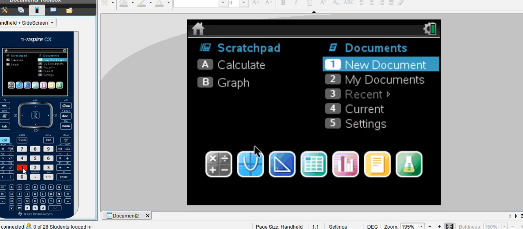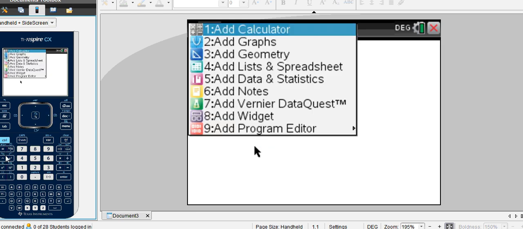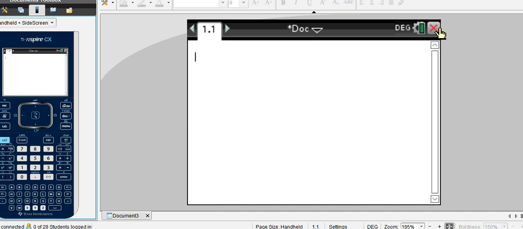Once I'm done with that, I'm going to open a new document, and I'm going to add the calculator. Notice that when I do, it tells me in the upper right hand corner of my calculator that I'm set to degrees. My trig button is right over here under the control.